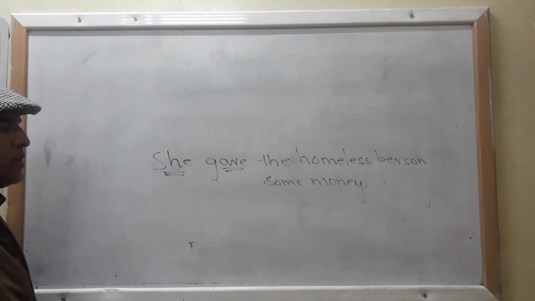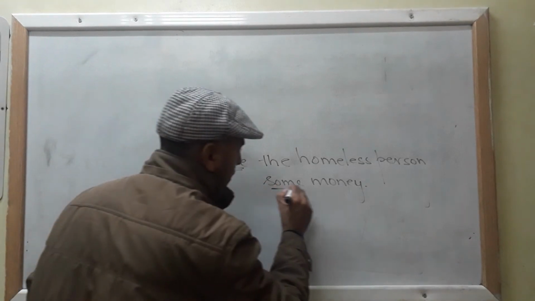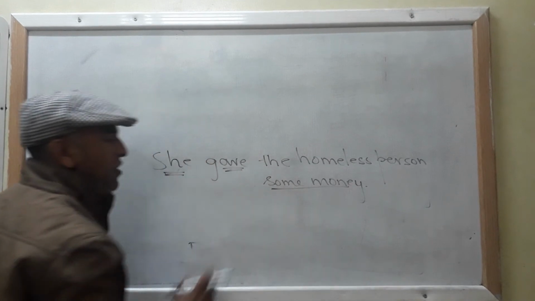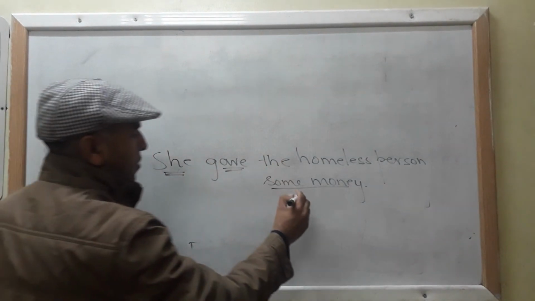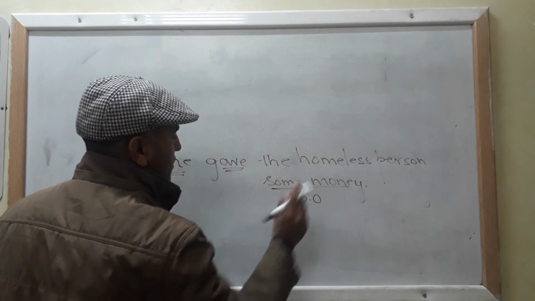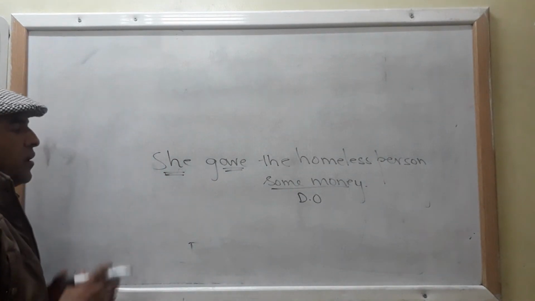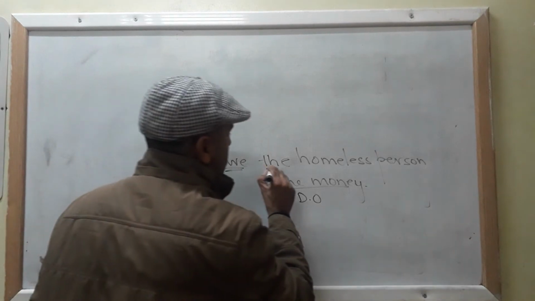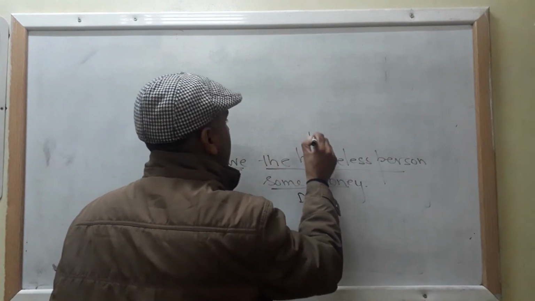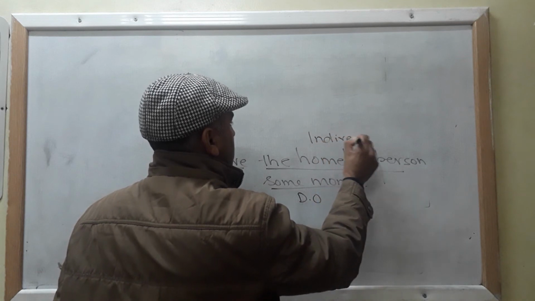What did she give? Some money. That is your direct object, because we find the answer by putting what or whom. So that's your direct object. When we talk about whom did she give? The homeless person. That is your indirect object.